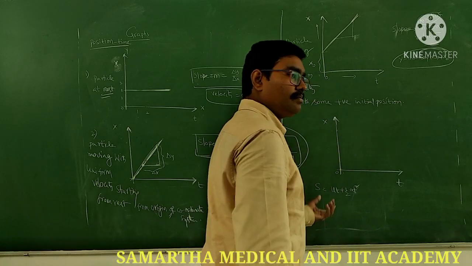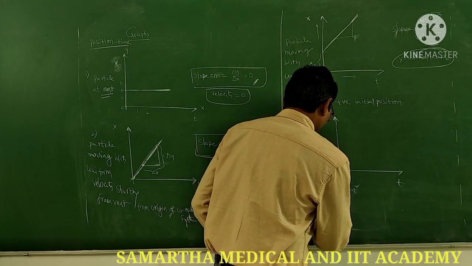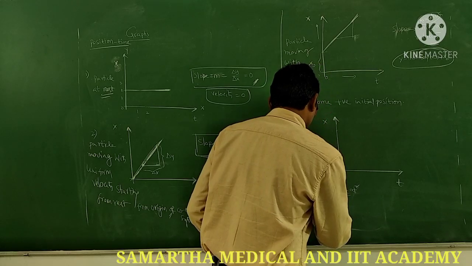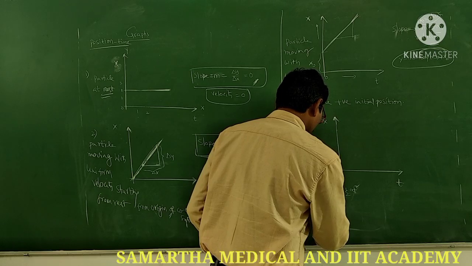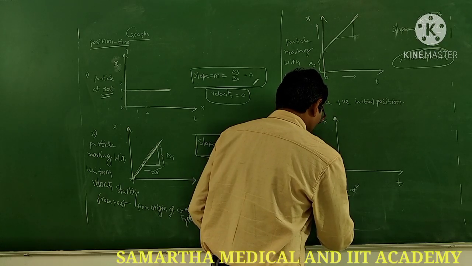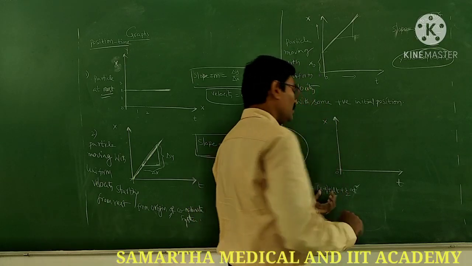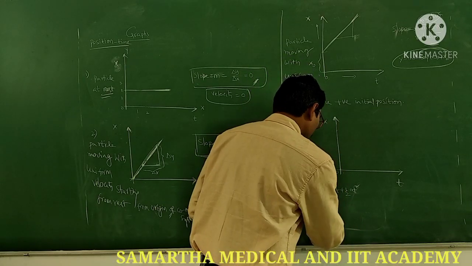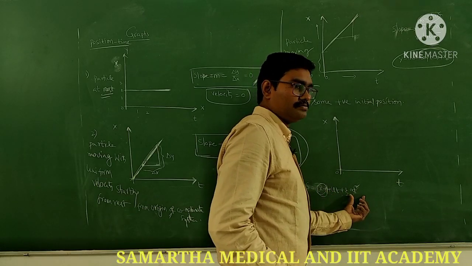Correct? But one more thing, here we are taking x minus x naught equal to s, so x equal to x naught plus ut plus half a t square. Some initial position is there. So with that initial position I am adding now.